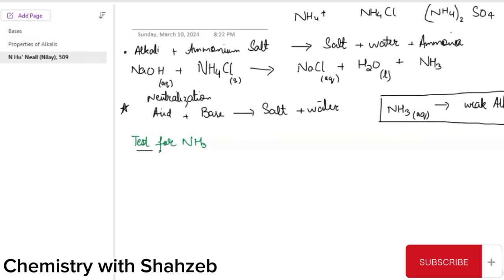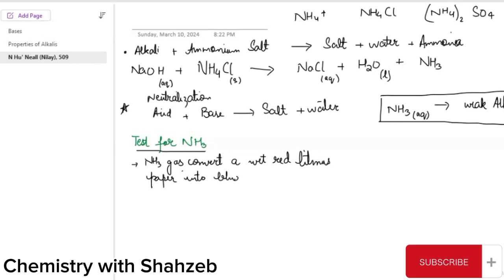And the test for ammonia is that ammonia gas converts wet red litmus paper into blue color.